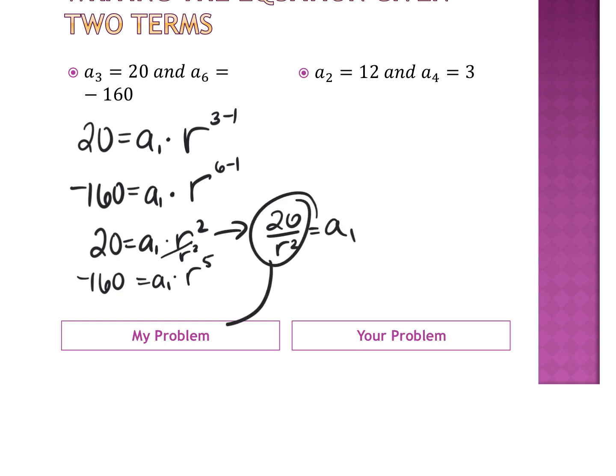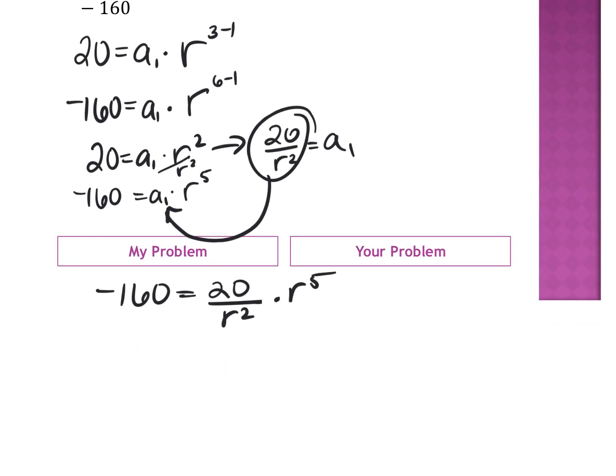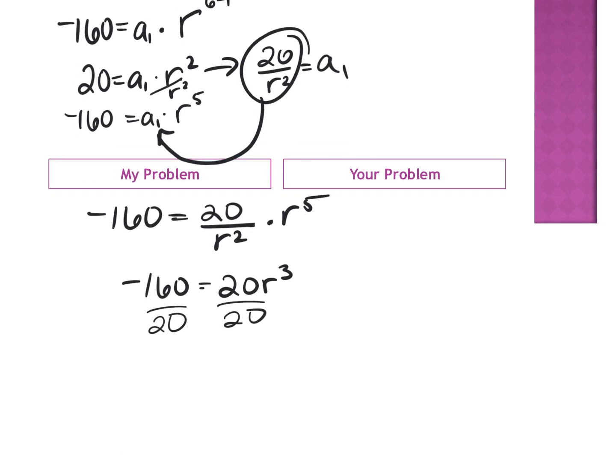And then I can plug this in using some substitution. Negative 160 equals 20 divided by r squared times r to the 5th. And r to the 5th divided by r squared is r cubed. So negative 160 equals 20r cubed. Divide the equation by 20, and that's negative 8 equals r cubed.